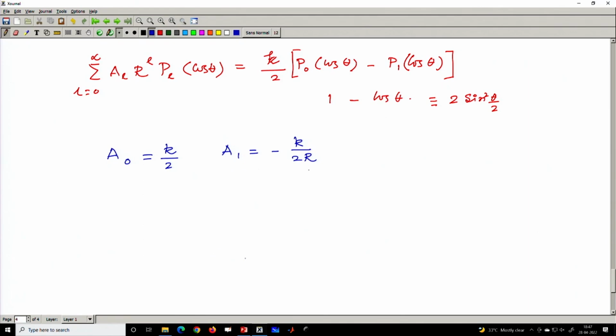So, A1 has to be minus k by 2r, and all the A_L for L greater than or equal to 2 have to be 0.